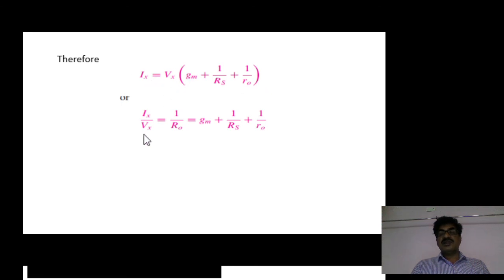Therefore Ix by Vx, which is 1 by the output resistance, equals gm plus 1 by RS plus 1 by small r naught. Hence the output resistance R naught is 1 by gm parallel RS parallel r naught. Like that, the output resistance is derived in the common drain amplifier.